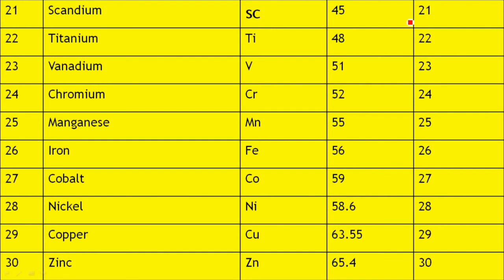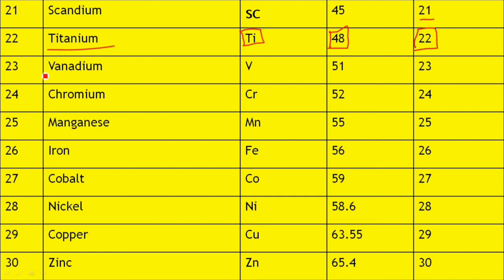Now, the atomic number is 21. And the 22nd element, titanium. Its symbol is Ti. Next, its atomic mass is 48 and its atomic number is 22.